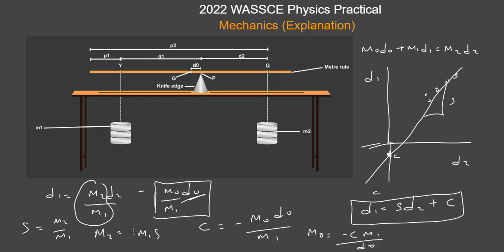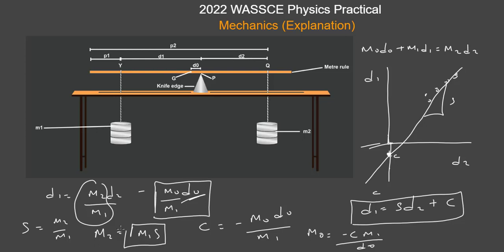If they tell you that, they're indirectly leading you to calculating the unknown mass. So this is how you can compute the mass of the meter rule and the mass of m2, the second mass, using the principle of moment.